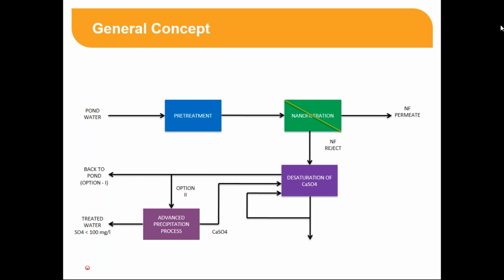After that, you can reuse it back into the pond if you don't need to do an advanced process. If you want to reuse that water, you need to do an advanced sulfate precipitation process where you produce sulfates less than 250 milligram per liter, and you combine that effluent with enough permeate to reuse for your other process. This is a generalized concept, the same concept we used for our pilot study.